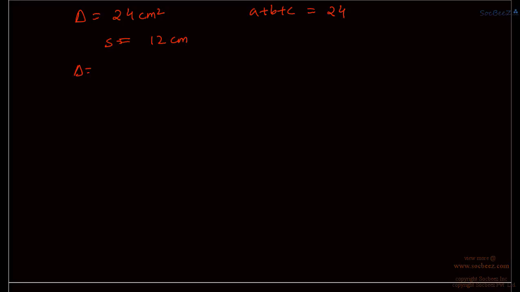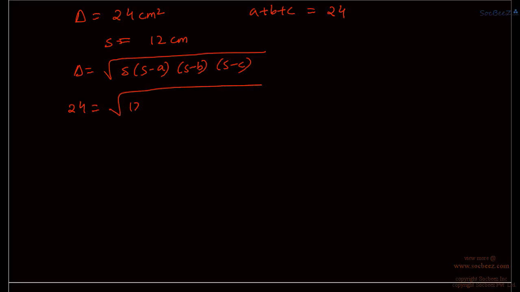Okay. So from this, delta can be written using Heron's formula: root of s into s minus a, s minus b, s minus c, right? So 24 is equal to root of 12 into 12 minus a, 12 minus b, 12 minus c. But what do we know about a, b and c?